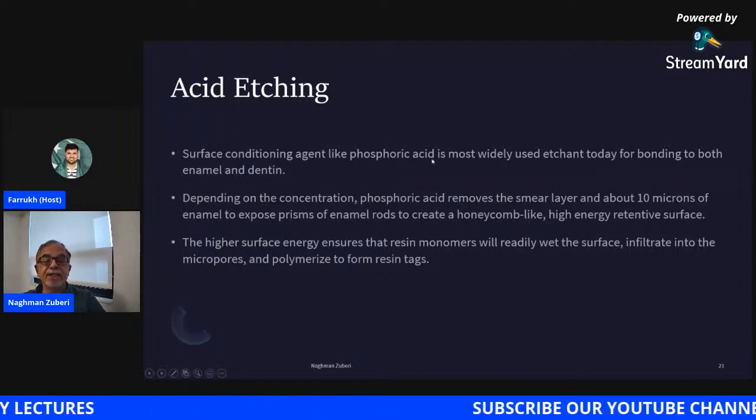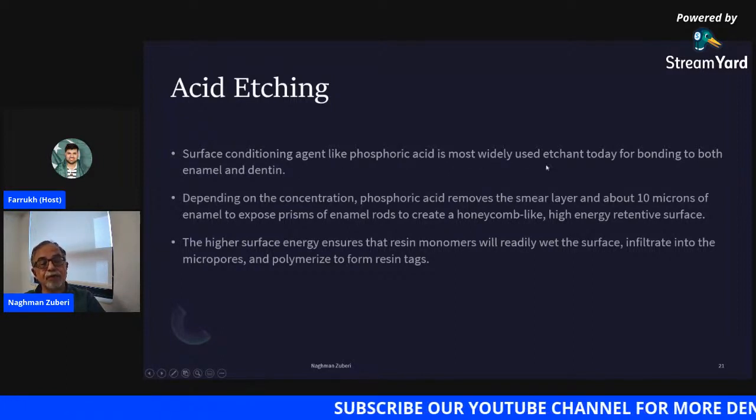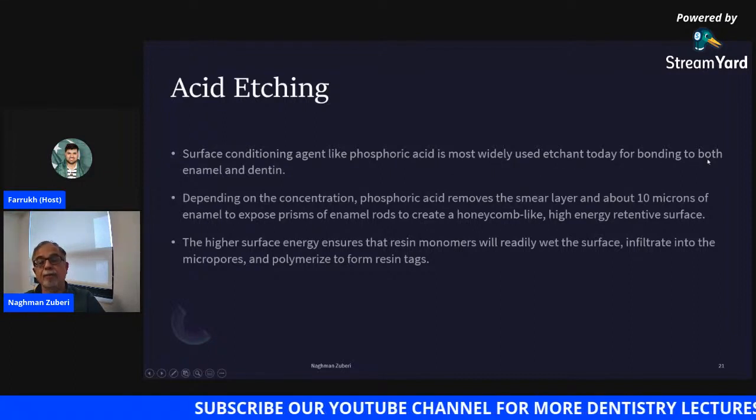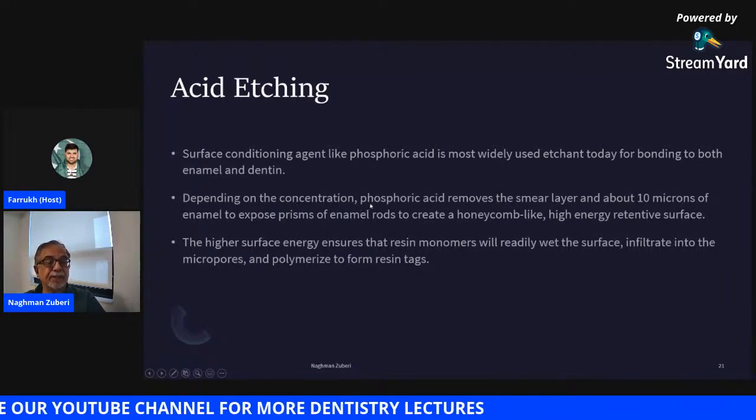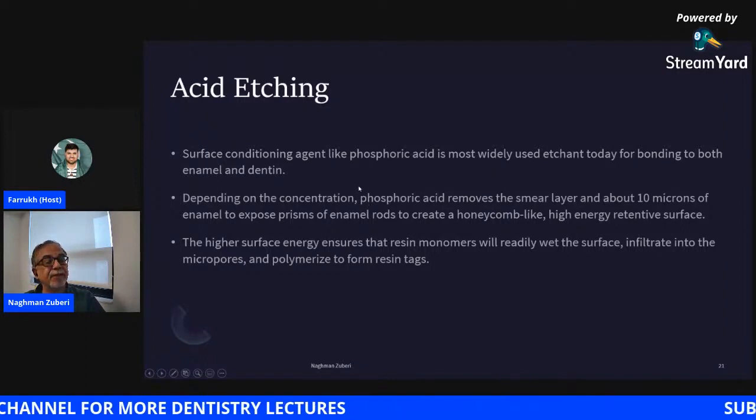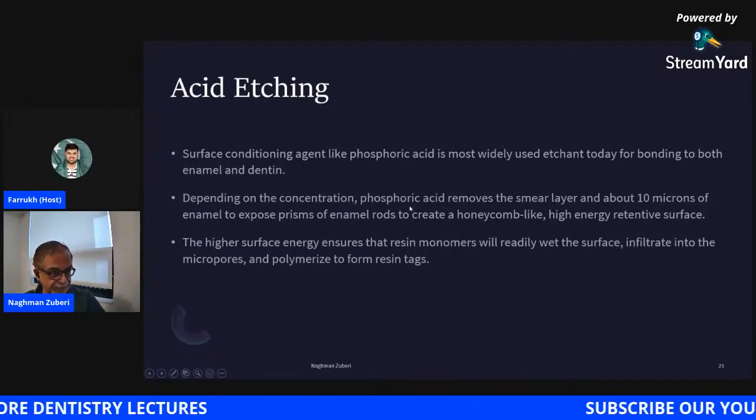Surface conditioning agents like phosphoric acid are the most widely used agents today for bonding to both enamel and dentine, depending on the concentration, anywhere between 15% up to 35%.